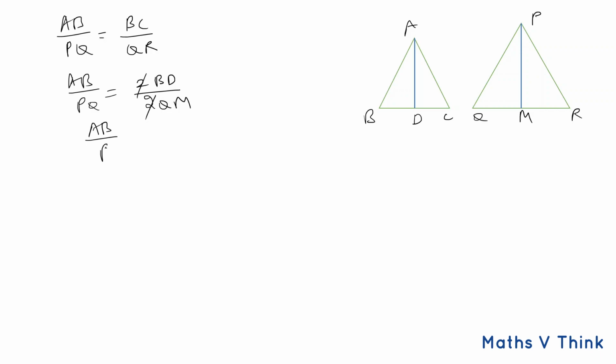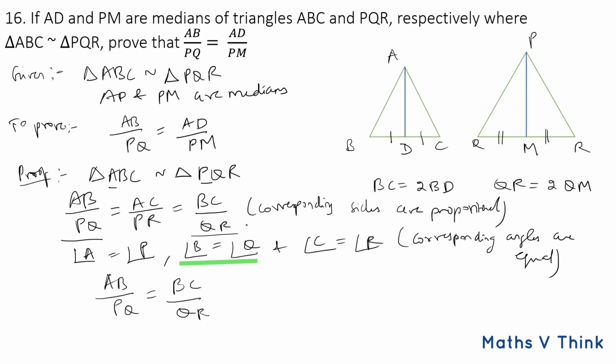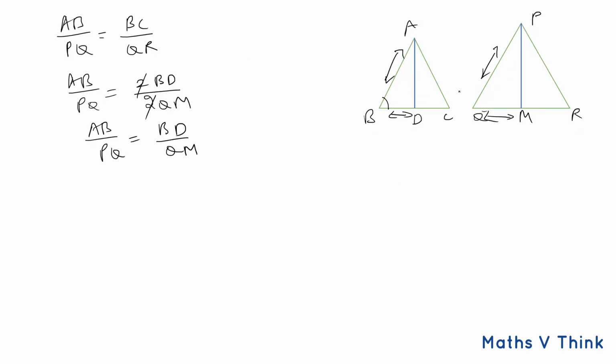So AB by PQ is equal to BD by QM. Nothing but this by this is equal to BD by QM. So now we got two corresponding sides proportional, and also we know angle B is equal to angle Q. So by side, angle, side, I can tell that this triangle is similar to this triangle.